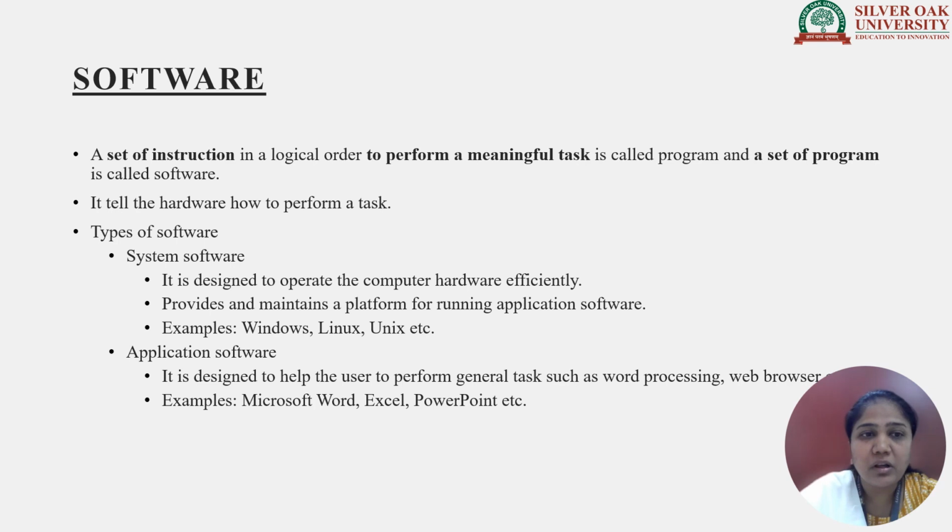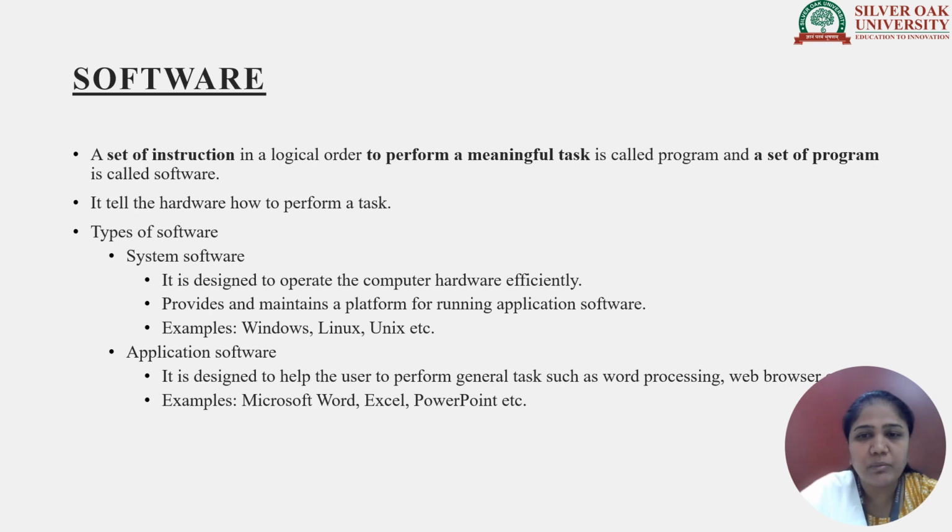To make them run, what type of software is required? System software. And what is application software? It is designed for performing some specific tasks. For example, Microsoft Word is used to perform tasks regarding writing, for making documents. When I talk about Excel, it is designed for storing data.